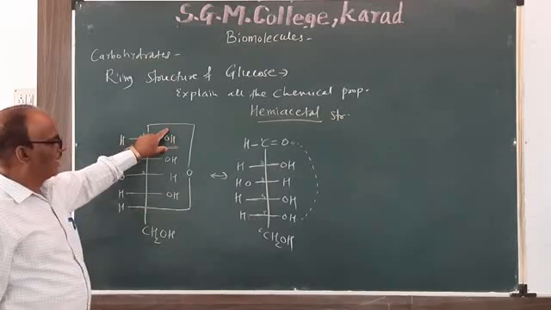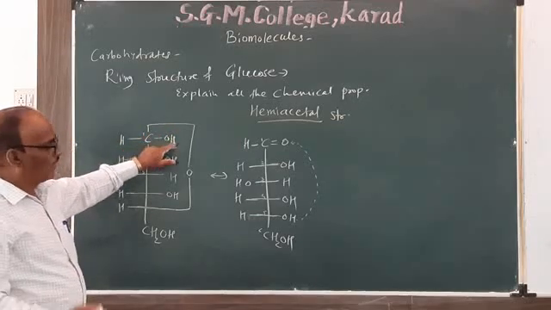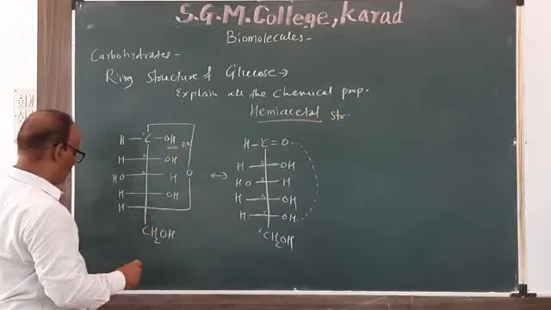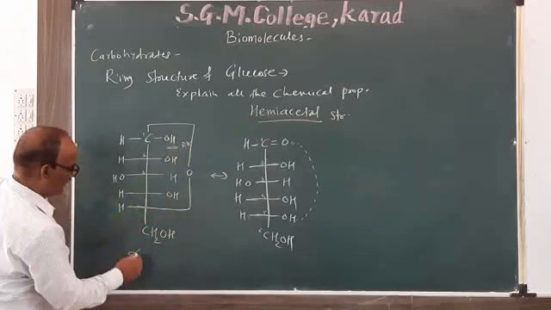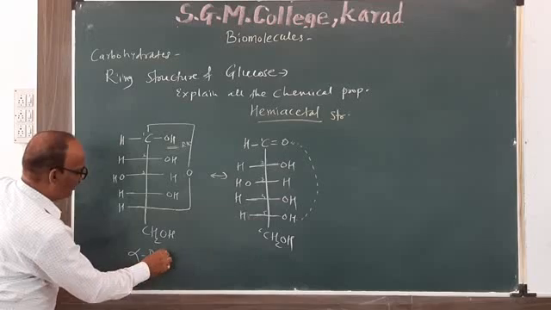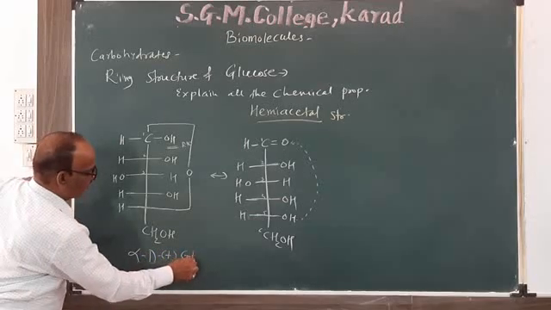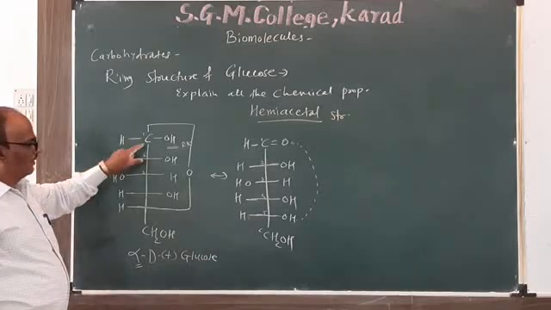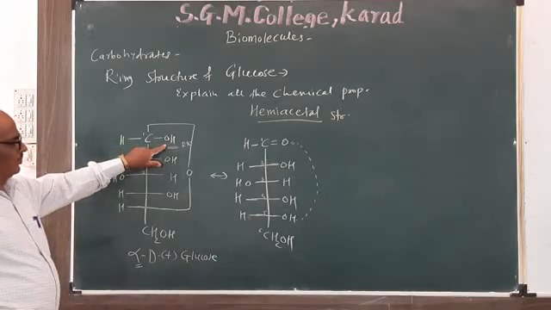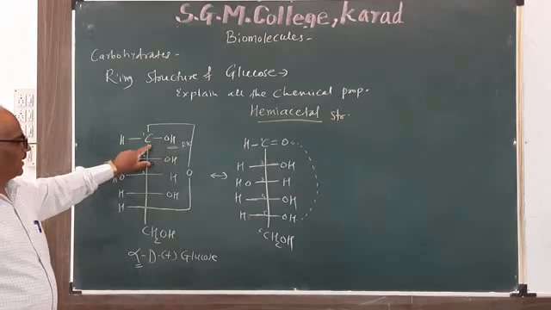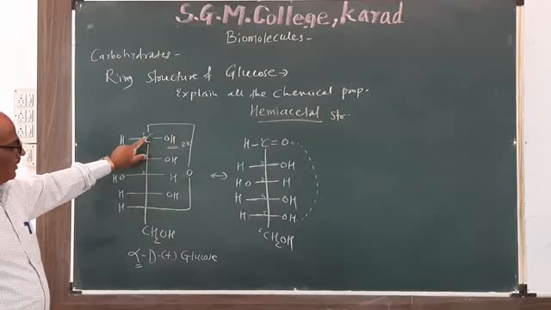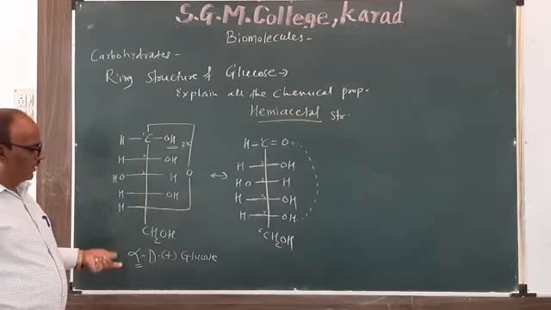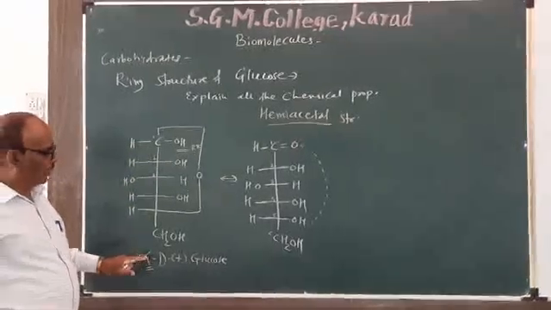If the OH group attaches at C1 on the RHS, then this structure is called an alpha structure. So the name of this structure is alpha-D-plus-glucose. The meaning of alpha depends on which side of the C1 carbon atom the OH group is attached. If on the RHS, then this isomer is an alpha anomer.